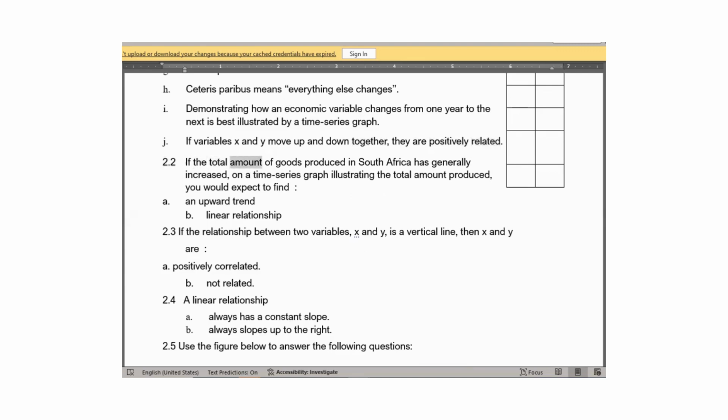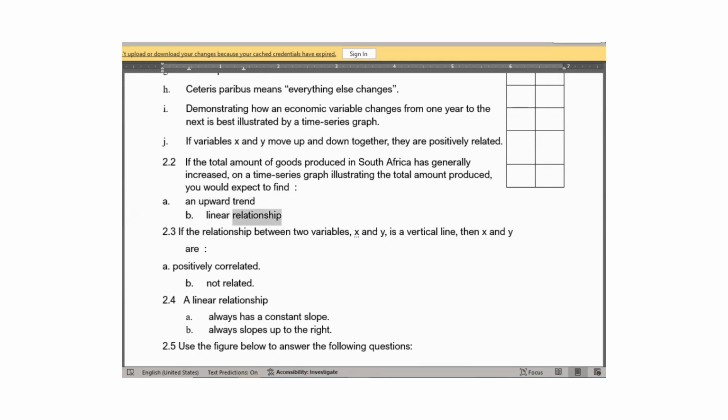2.2 If the total amount of goods produced in South Africa has generally increased, on a time series graph illustrating the total amount produced, you would expect to find A. An upward trend.